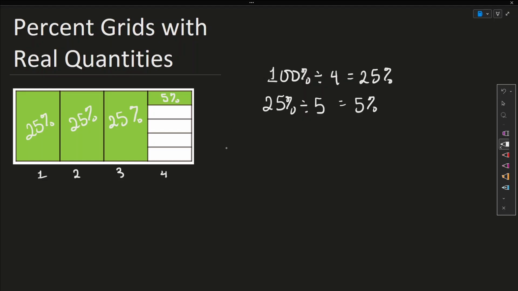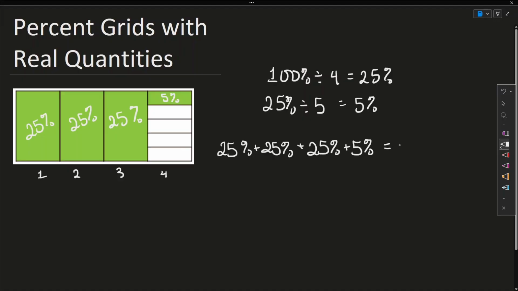We then have 2 ways to calculate the total. We can do 25% plus another 25%, a third 25%, and then the 5% to get a total of 80%. Or we can say that this whole thing is 100, and there are 4 sections that are 5% each.